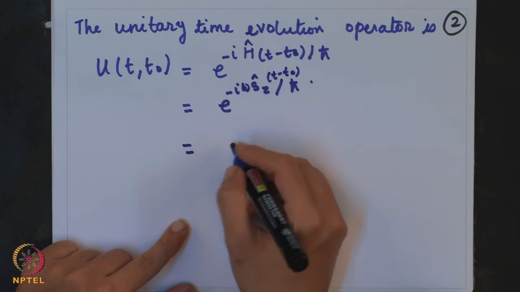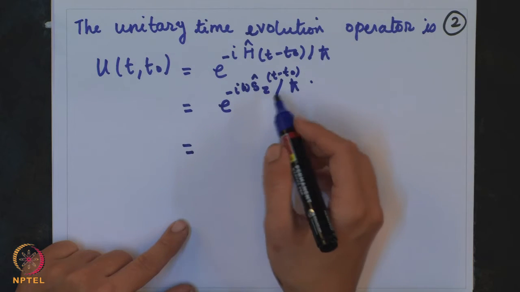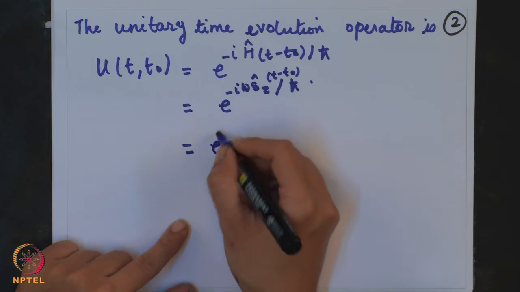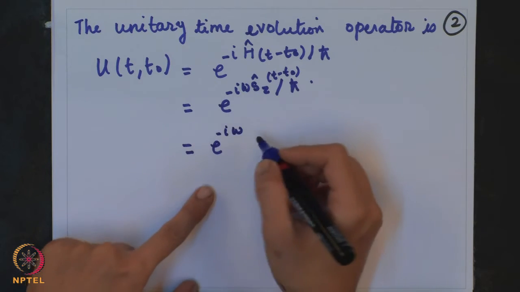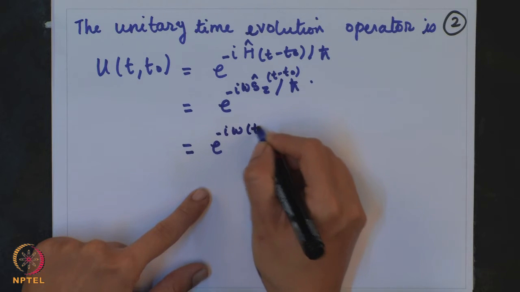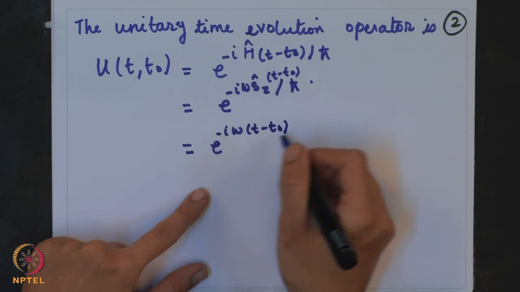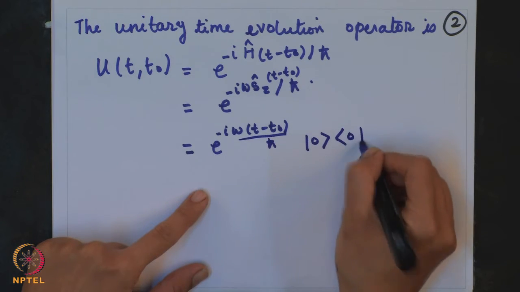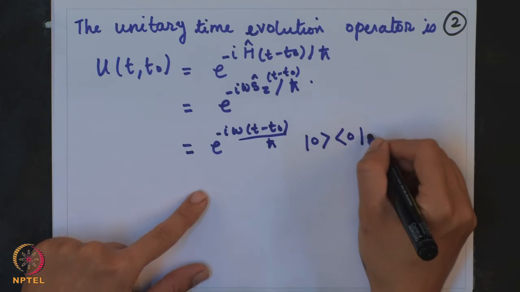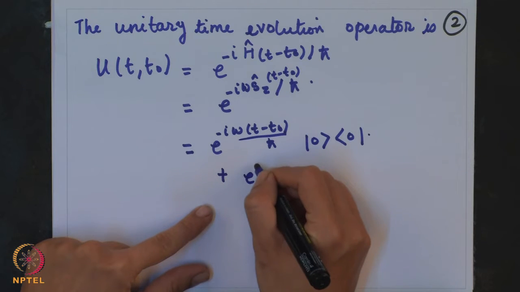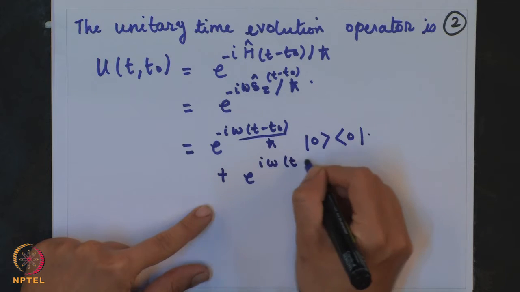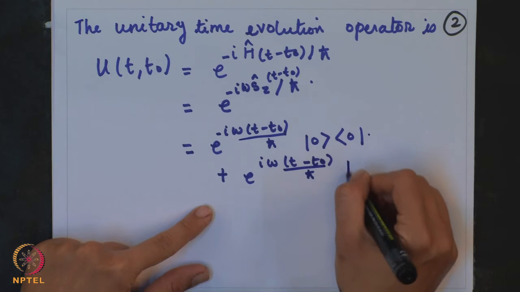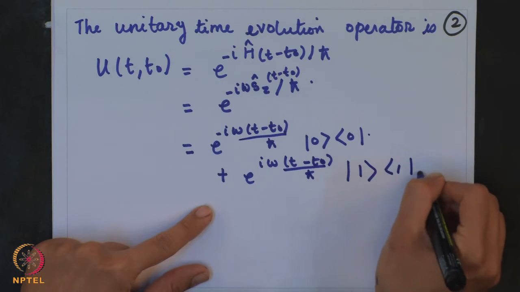In the Dirac notation, we can write this exponent as e raised to minus i omega (t minus t naught) upon h cross ket 0 0, plus e raised to i omega (t minus t naught) upon h cross ket 1 1.